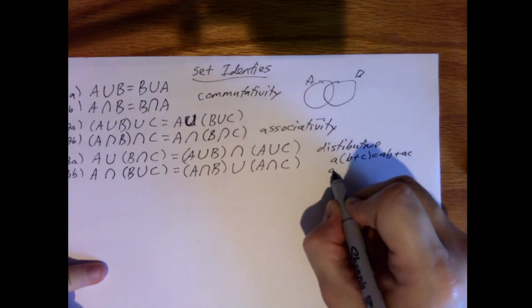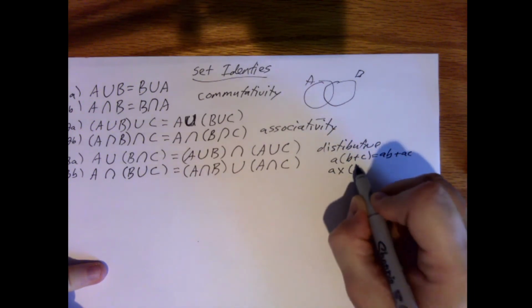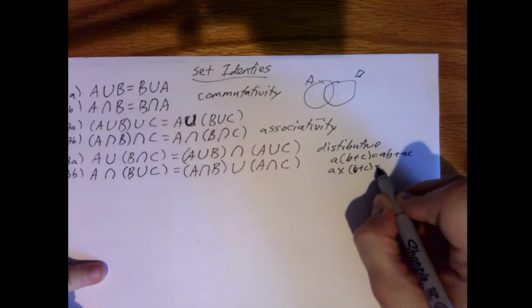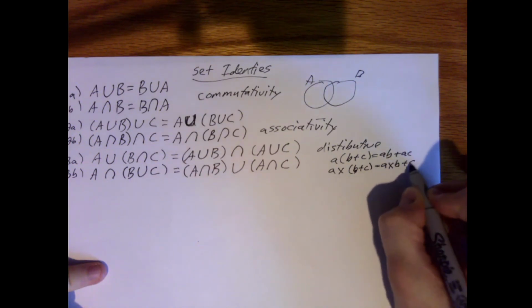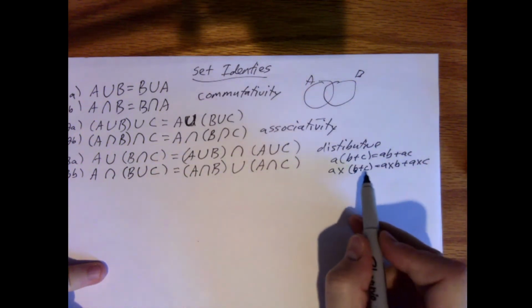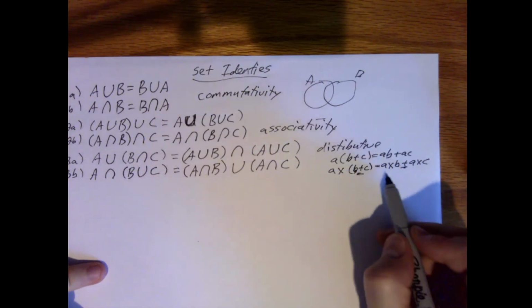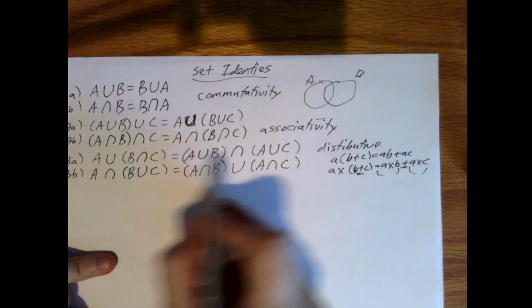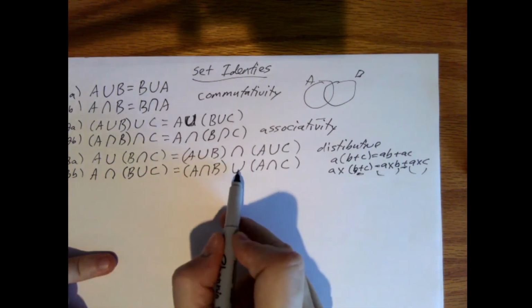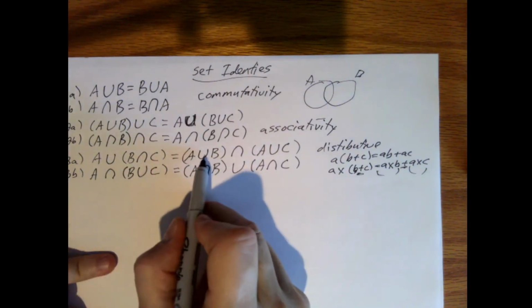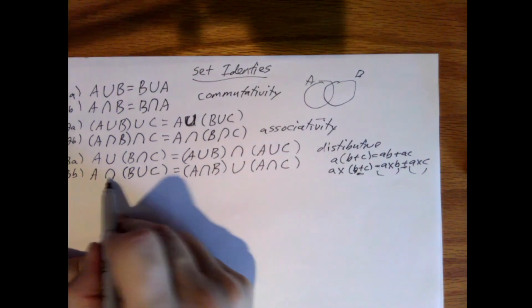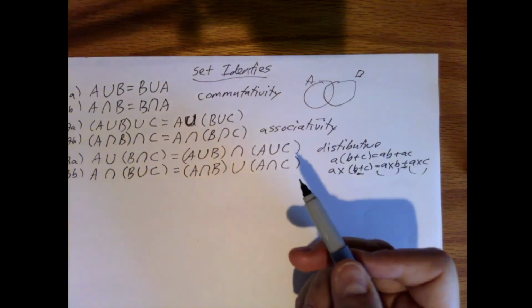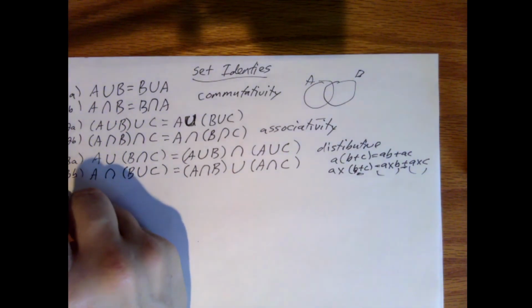So really I have A times B plus C is equal to A times B plus A times C. So the symbol that was here will be between the two parts. I do the same thing here. So intersection here, union here, union here. The union here is used in both places. Intersection here is used in both places. Okay?